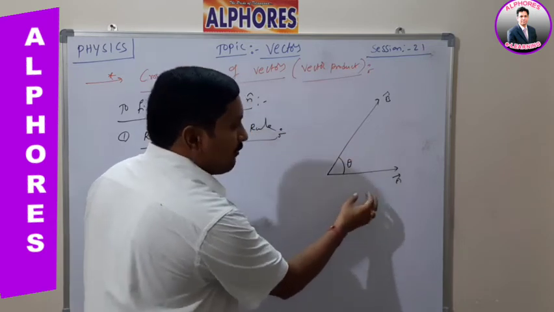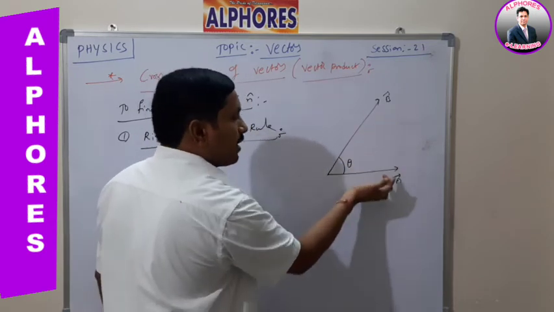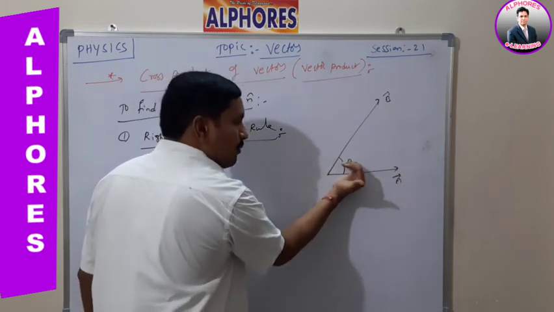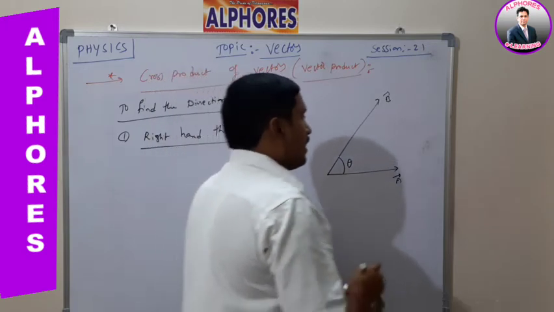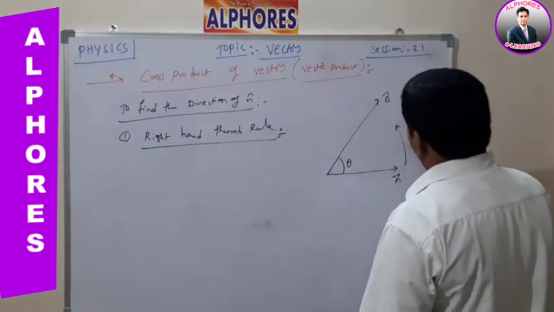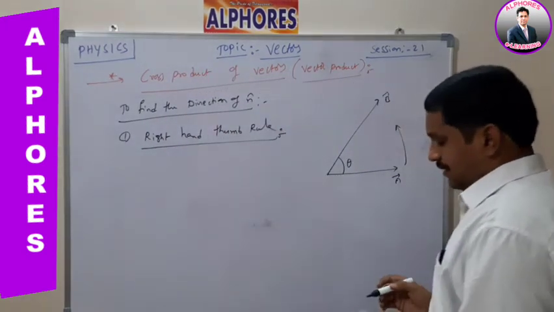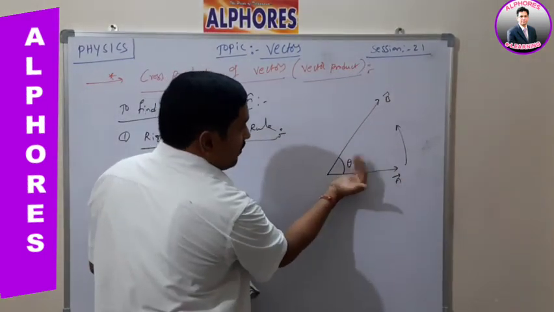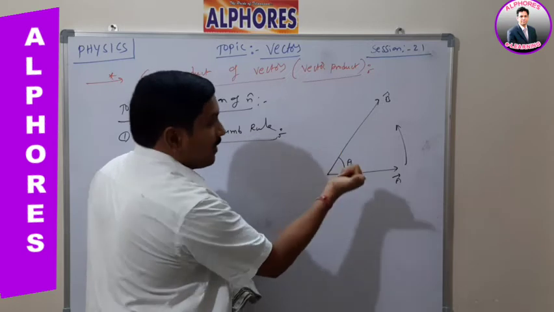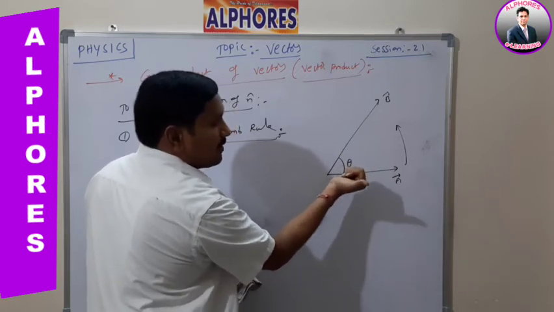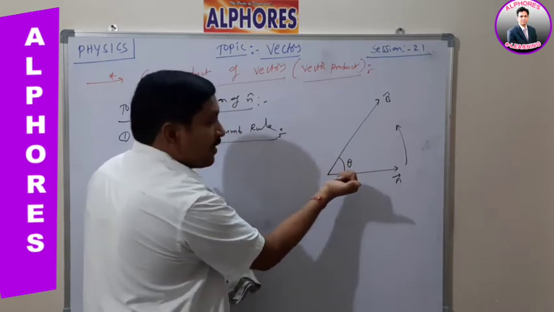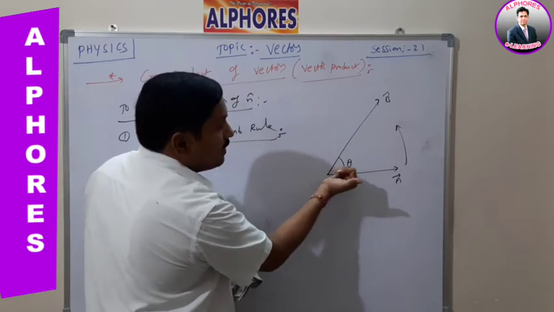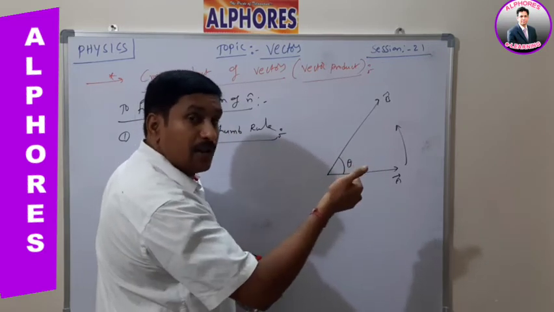I have to find the value of A bar cross B bar, so I have to rotate A bar towards B bar in the anti-clockwise sense. The four fingers rotate towards B bar, and the thumb gives the direction of n cap. The thumb is in the direction perpendicular to the plane of the board.